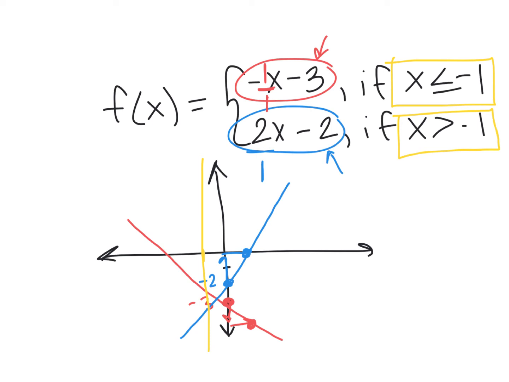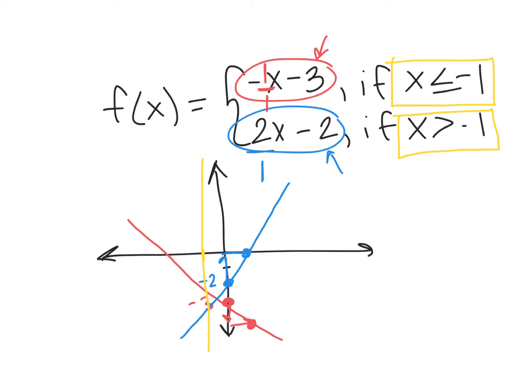So if you look at the first part of our piecewise defined function where it says negative x minus 3 if x is less than or equal to negative 1, what it tells us is that our red line is only valid where x is less than negative 1, right here.